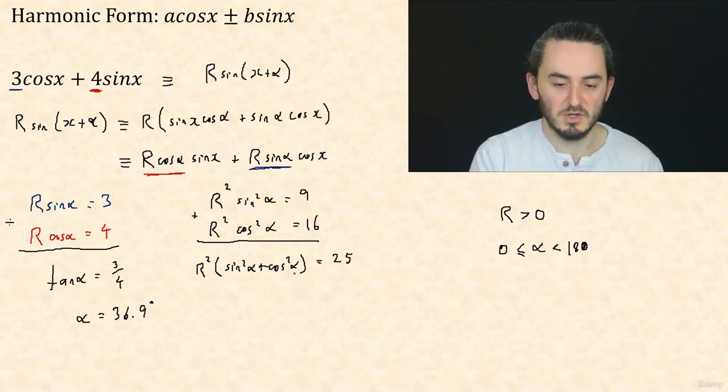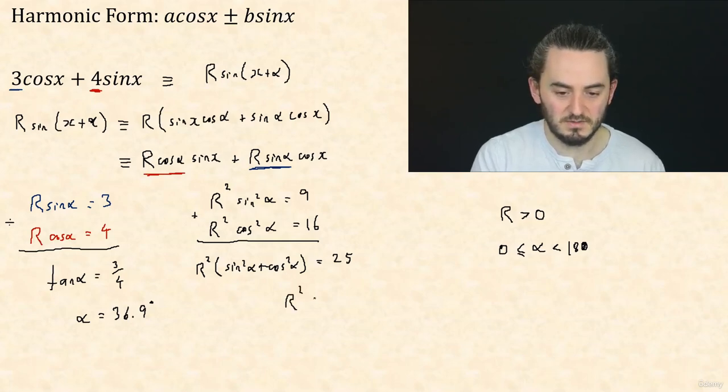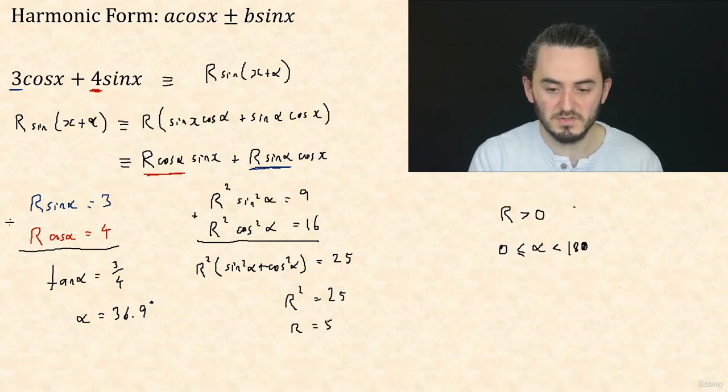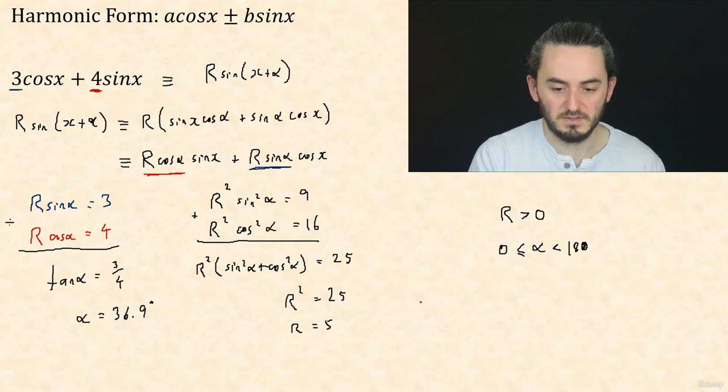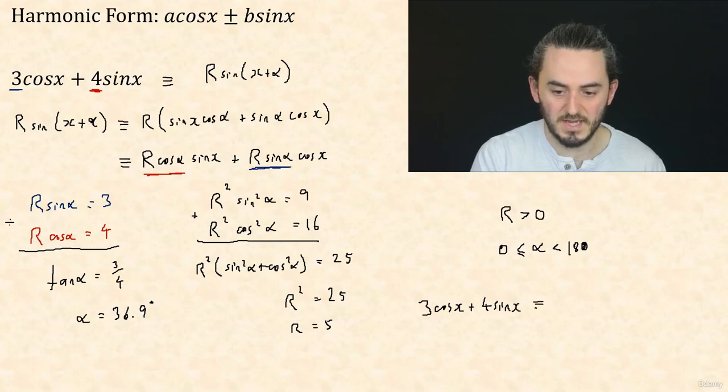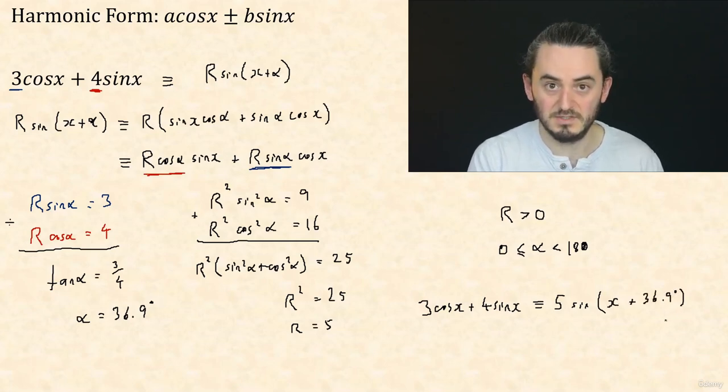But sine squared alpha plus cos squared alpha is 1. So r squared equals 25, and r is 5. It's obviously plus or minus 5, but I want the one which is positive. So that means that 3 cos x plus 4 sine x is exactly the same as 5 sine of x plus 36.9 degrees, at least correct to 3 significant figures.